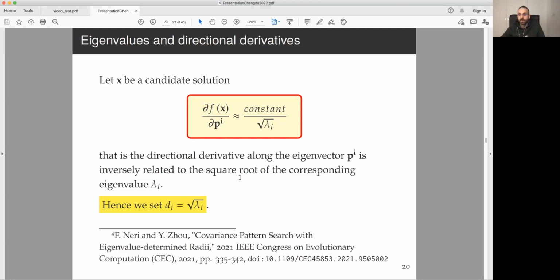So that means that there is an inverse relation between the square root and the derivative. So if I say again, when the derivative is high, we want to take small steps, and the other way around. Essentially, that's what we are looking at. So for this reason, we multiply by the square root of lambda i.